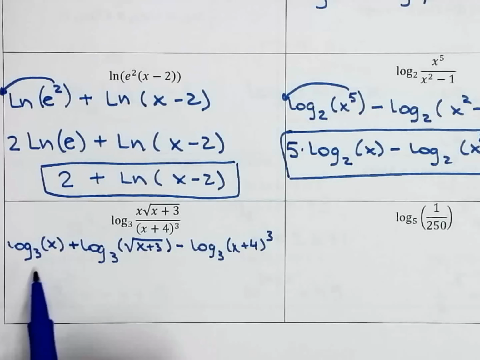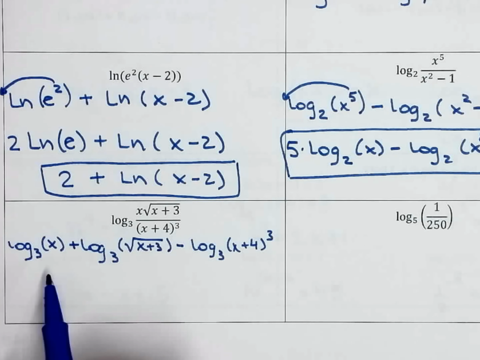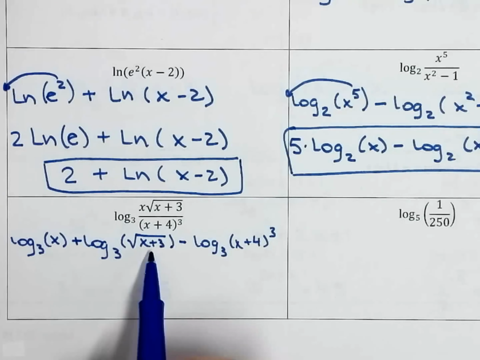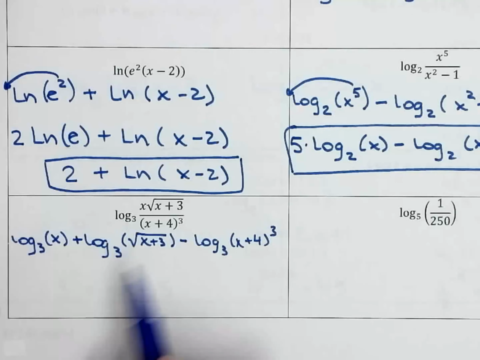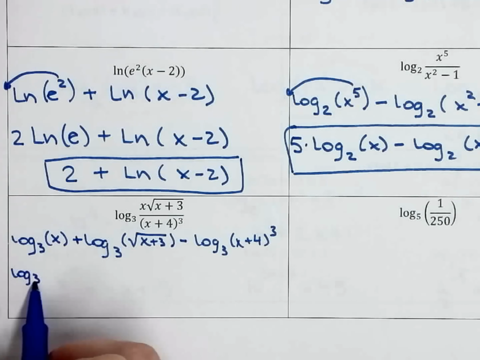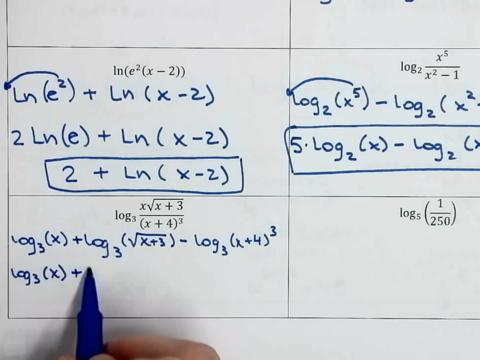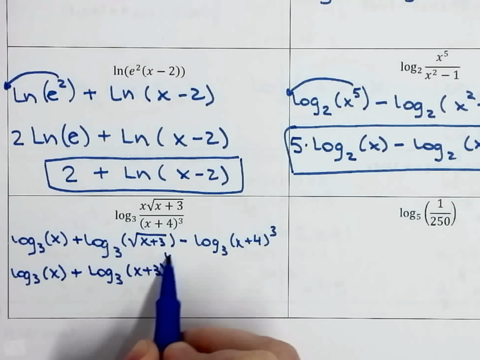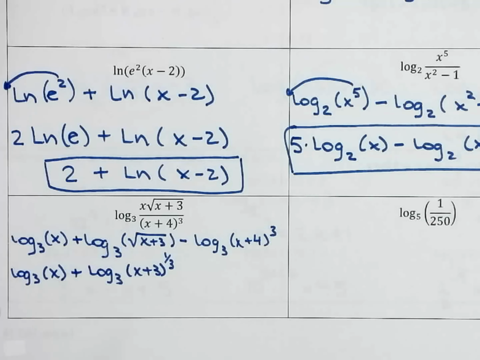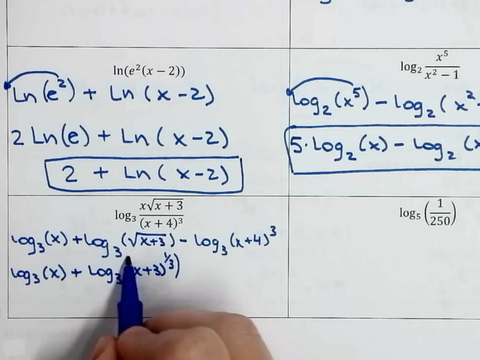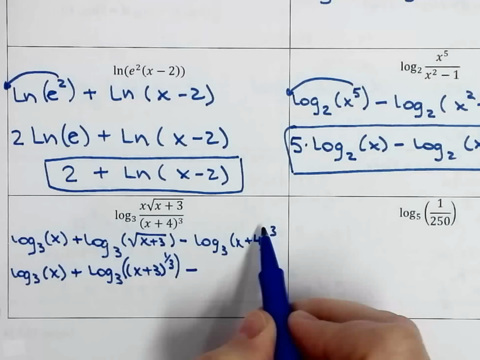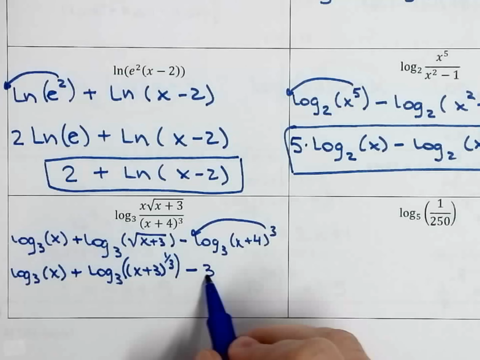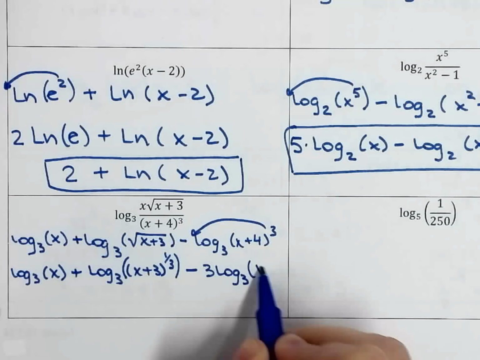Okay, let's go ahead and rewrite this with exponent 1/3. So log base 3 of x plus log base 3 of x plus 3 to the power of 1/3 minus, this will go in the front multiplying, 3 log base 3 of x plus 4.